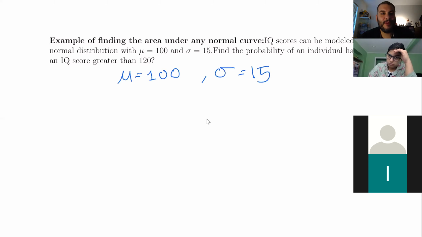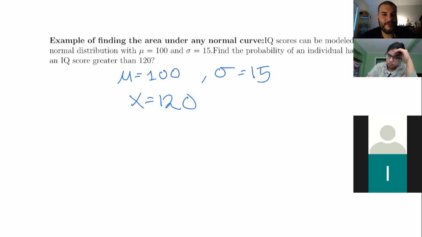Since we want the probability that somebody has an IQ score greater than 120, 120 will be my X variable. So far we have mu equal to 100, sigma equal to 15, and X equal to 120.